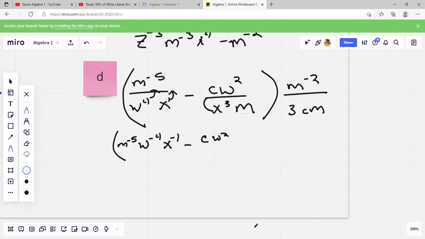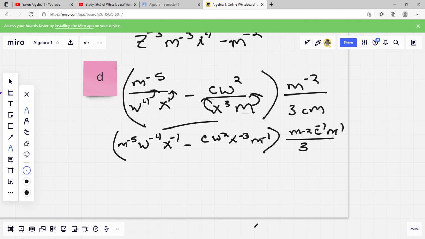This x has to go up, so that would be x, -3, and my m has to go up. That would be m, -1. Okay, and then this one, I'm going to have m, -2. Oh, whoopsie, I don't need my fraction bar. Oh, I do. My 3 has to stay down there. My c turns into -1, and my m turns into -1.